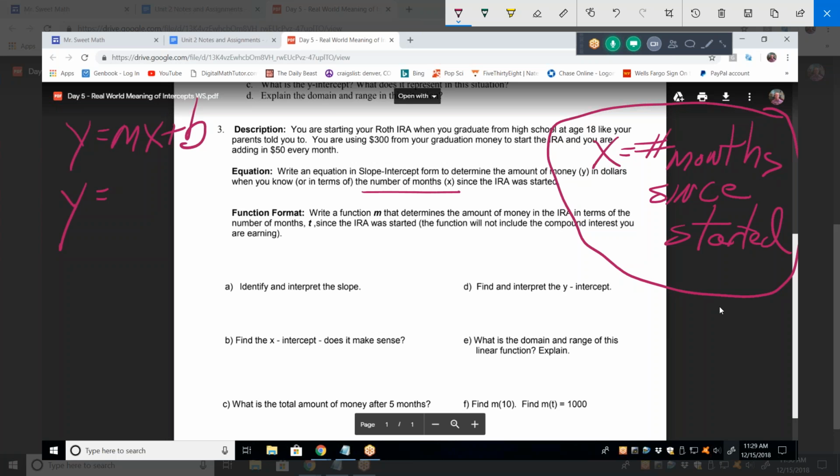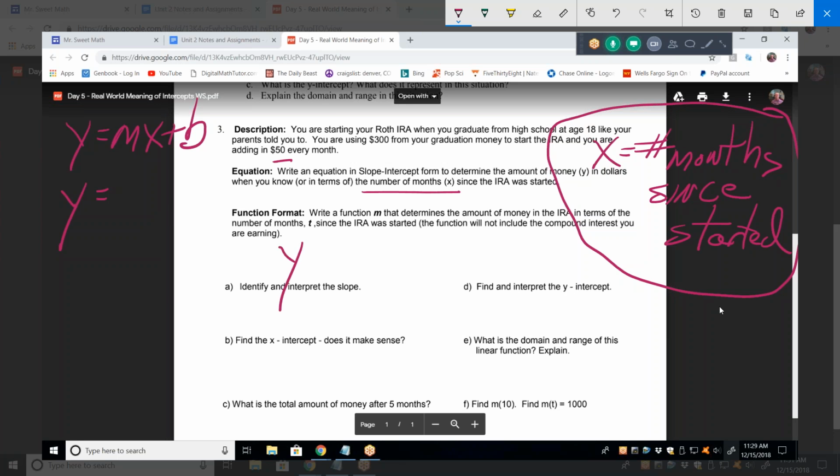In July of, when are you going to graduate? 2021? High school? Yeah. 2022. So that's when you're going to invest this $300 you got from graduation. And then every month after that, you're going to add $50. So we want y.